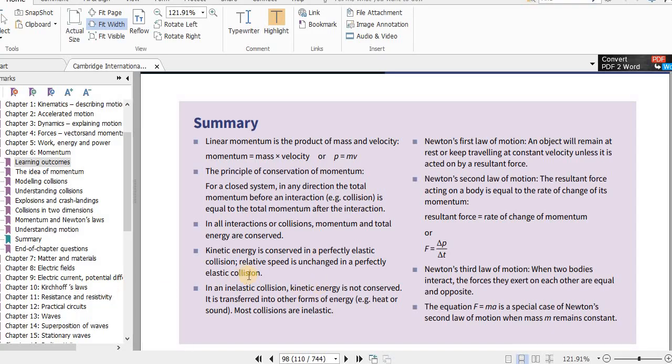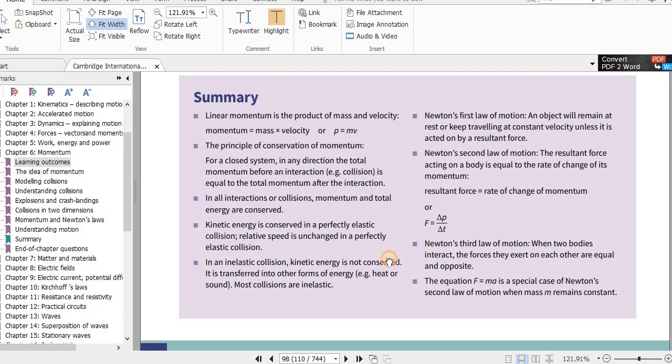Okay, then kinetic energy is conserved in a perfectly elastic collision. Relative speed is unchanged in a perfectly elastic collision.